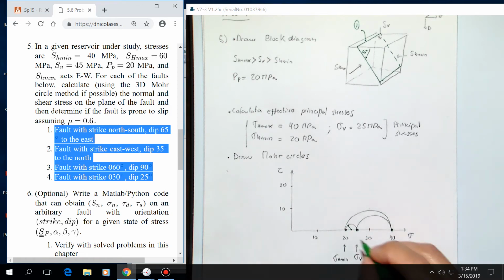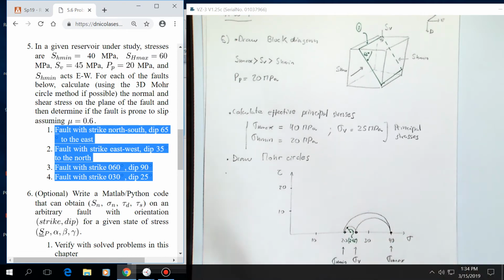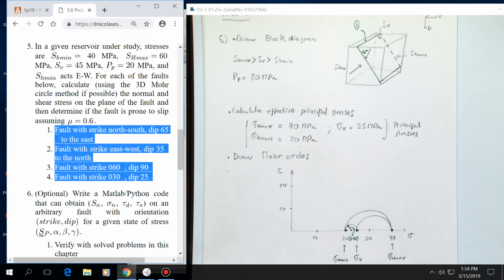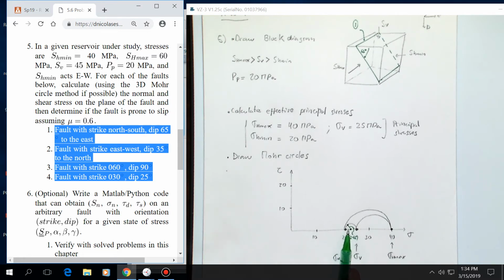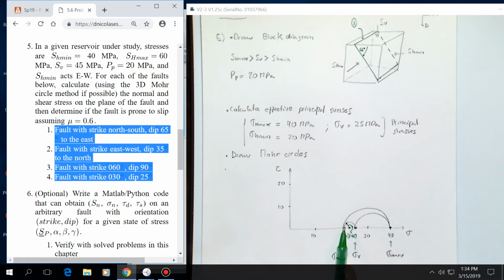So let me write this over here. This is 2 times 65 degrees. So you can compute the center of this circle and the radius of this circle, and using the same equations that we used before, you can tell me what is the shear and the normal stress at that point.